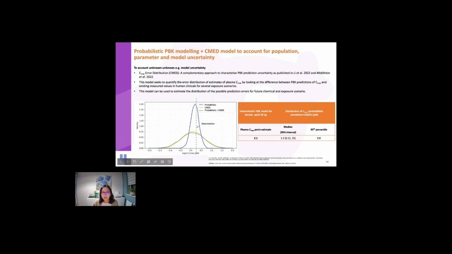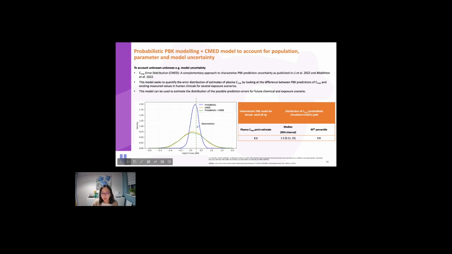In this model, for a list of chemicals and exposure scenarios for which we have human data like Cmax observed data, we performed PBK modeling and simulation and compared those PBK predictions against the observed data, and then applied a Bayesian statistical analysis method to learn the error distributions between the two. The idea is that for a future chemical or a future exposure scenario, we can use this model to estimate the distribution of possible prediction errors.